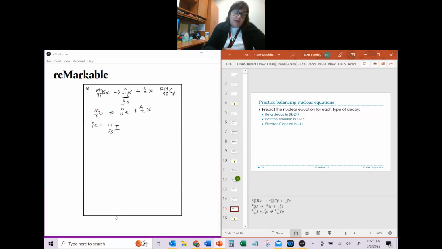I have a 15O, and it does positron emission, so 0 plus 1E. And then I have this AZX. So 15 stays 15. 8 minus 1 is 7. 7 is nitrogen.